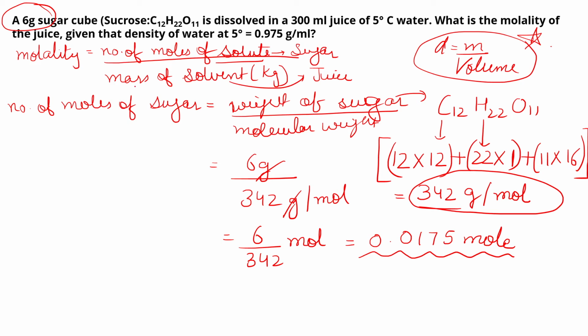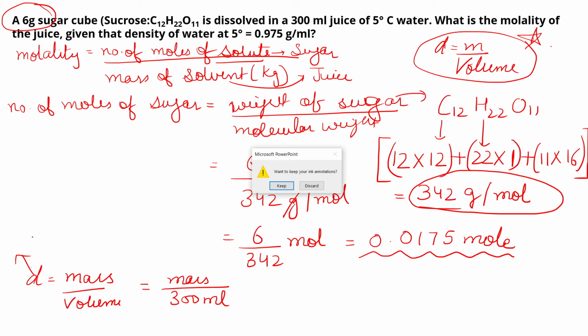Other thing that we require is mass of solvent in kg. So mass, what have they provided? They have provided density. Density is equal to mass by volume. They have provided volume of the solvent, that is 300 ml, and we need to calculate mass.